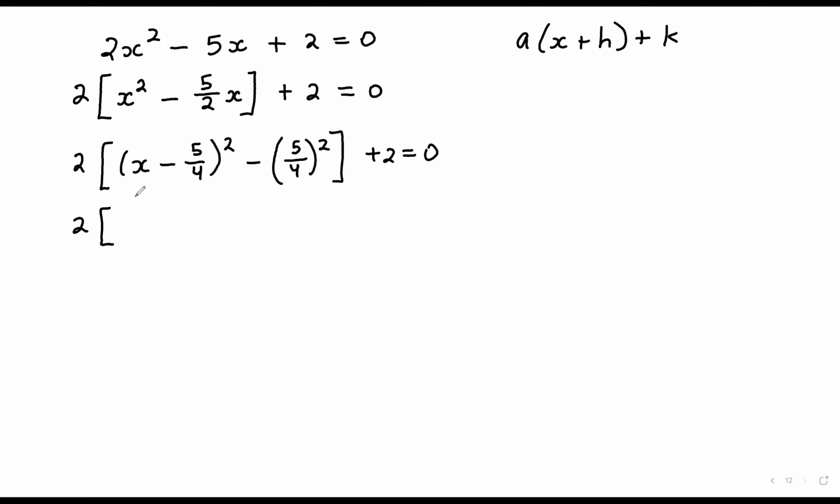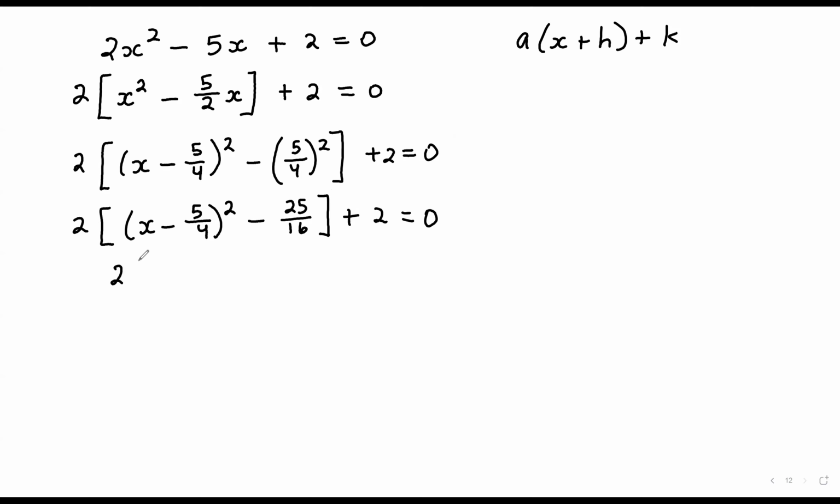Okay, now I'm going to simplify. So this will be 2 by x minus 5 over 4 all squared, minus 5 squared is 25, 4 squared is 16. Close my brackets. Plus 2 is equal to 0. And now I'm going to remove these square brackets because it's almost looking like this format here now, right? So I'm multiplying throughout inside there by 2.